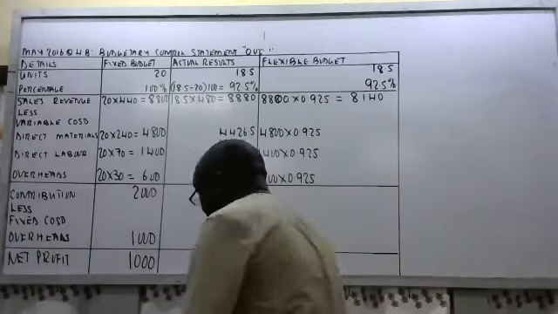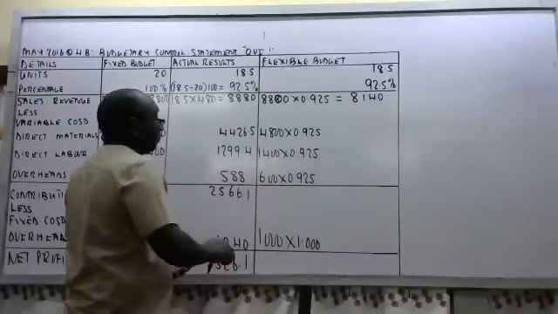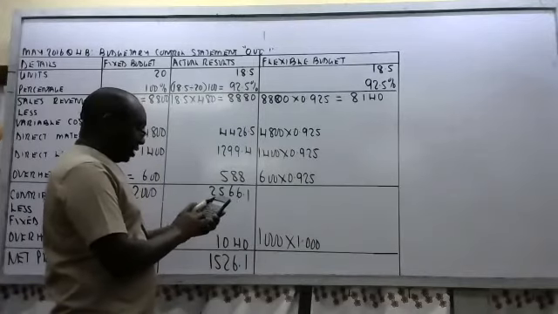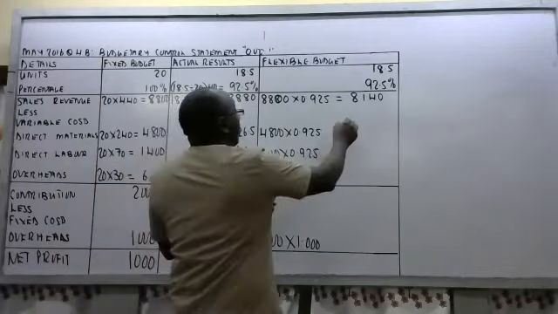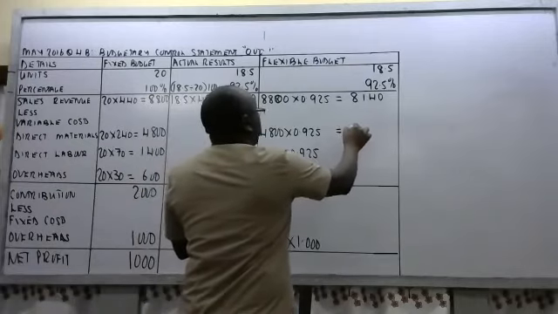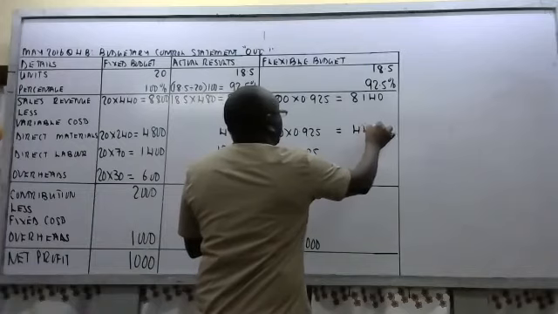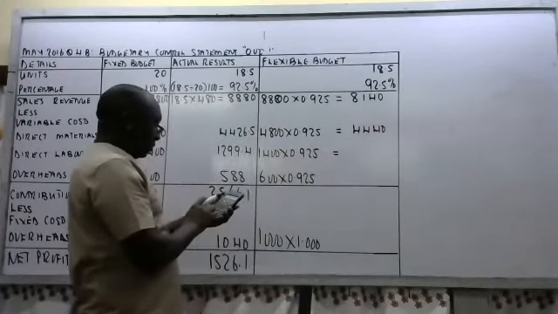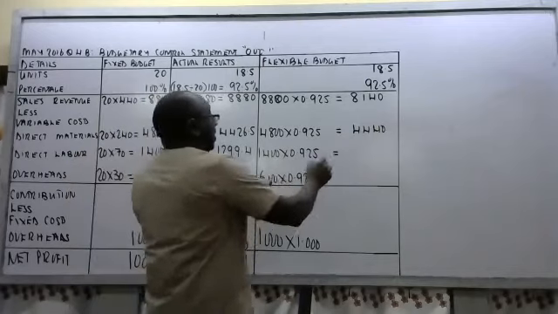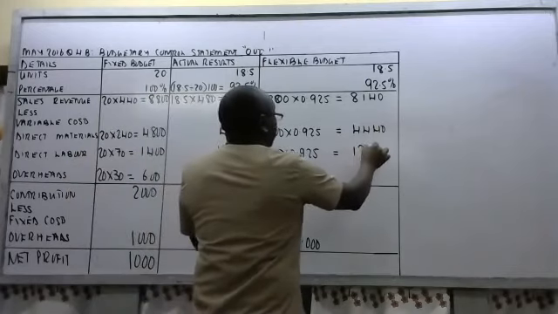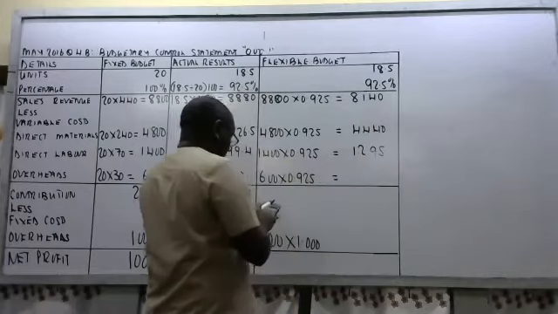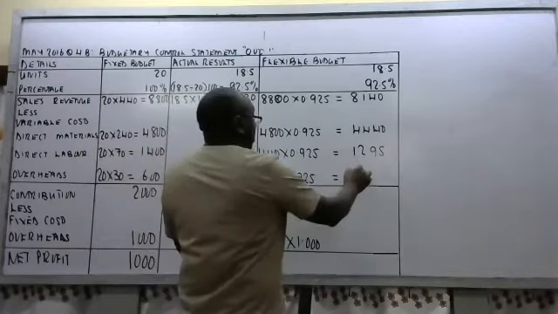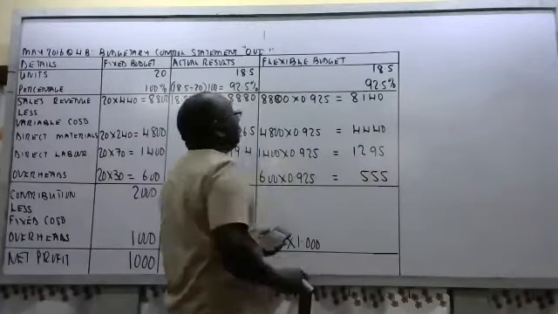So this one now, 4,800 times 0.925 is 4440. This one, 1,400 times 0.925 is 1,295. 600 times 0.925 is 555.